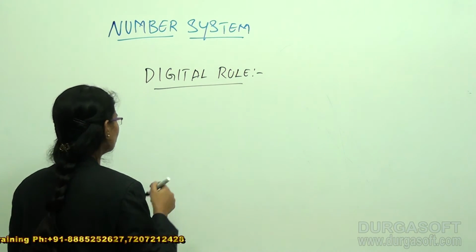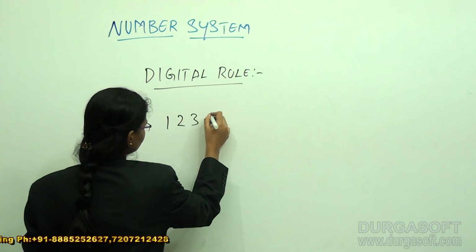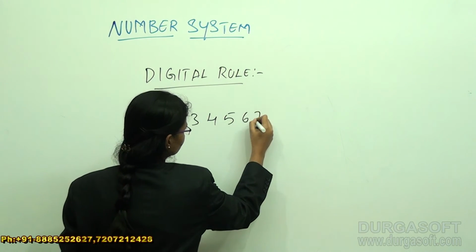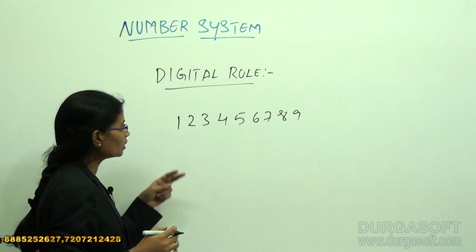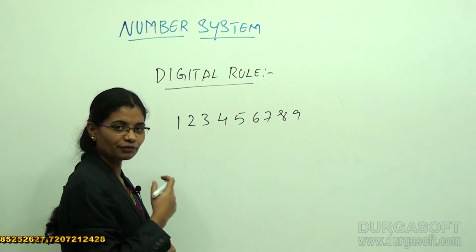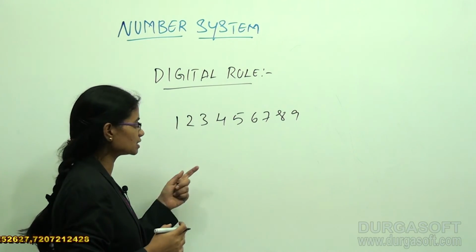For example, I have this kind of number, and I want the digital root of this number.